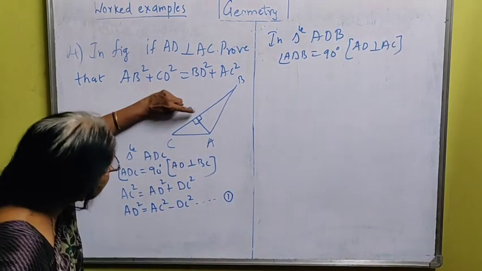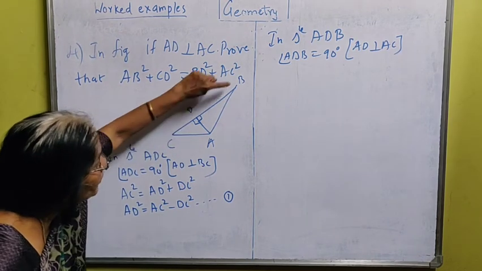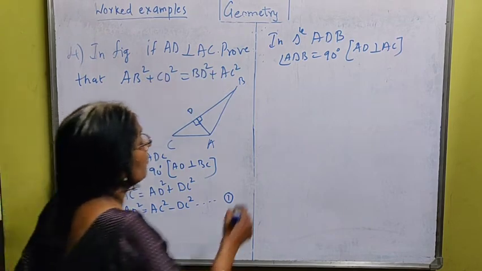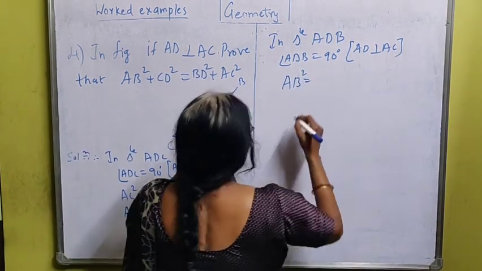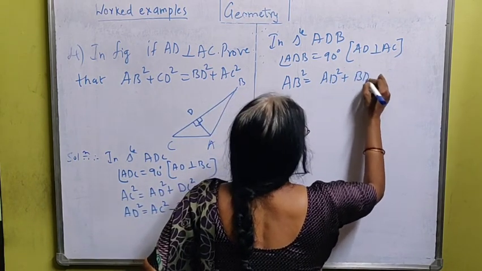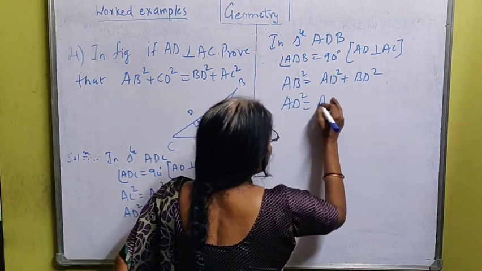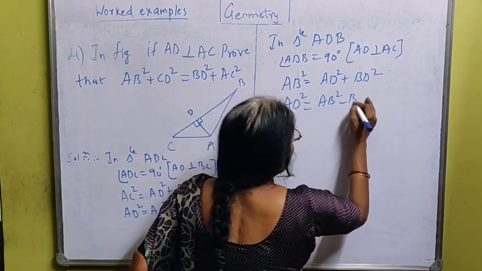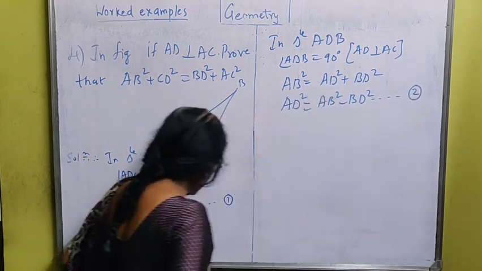So if angle D is 90 degrees, which side will become the hypotenuse? AB will become the hypotenuse. So you will get AB square is equal to AD square plus BD square. So AD square is equal to AB square minus BD square. So this is equation number 2.